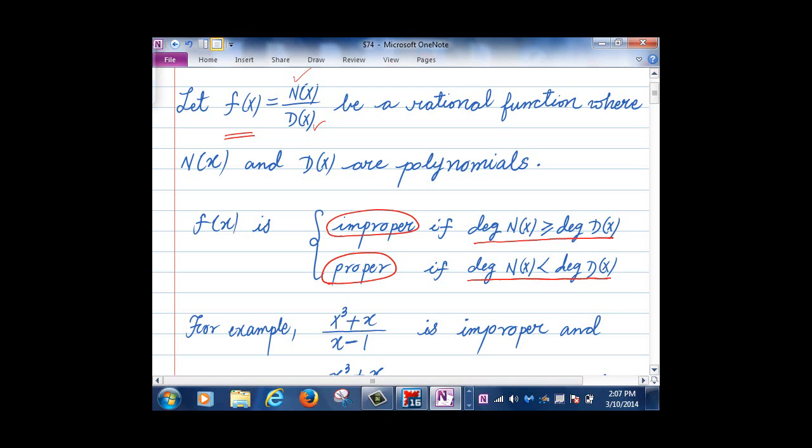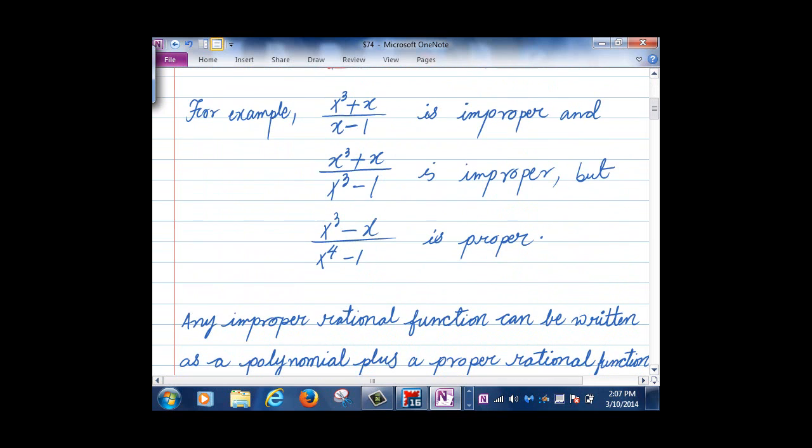Okay? Let's look at a few examples. This fraction here is x cubed plus x divided by x minus 1. By the way, what is the degree of a polynomial? The degree of a polynomial is the highest exponent that you see in that polynomial, right? Now, in this fraction, what's the degree of the numerator? The degree of the numerator is 3.